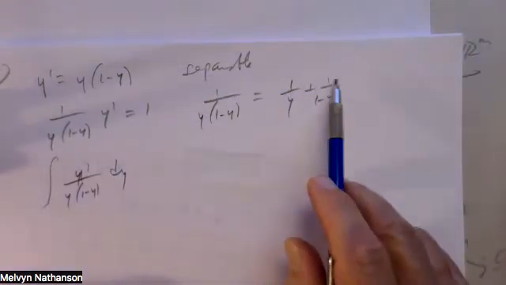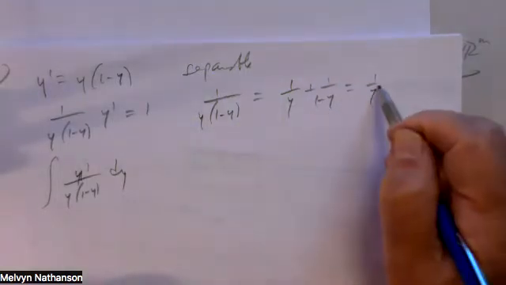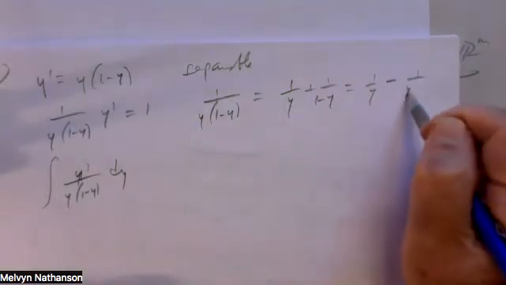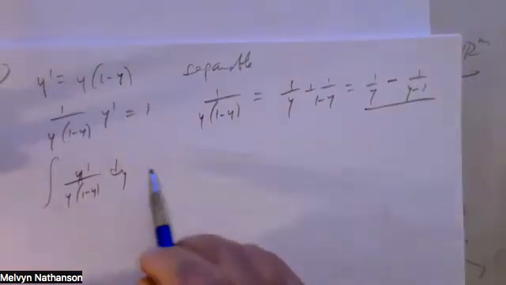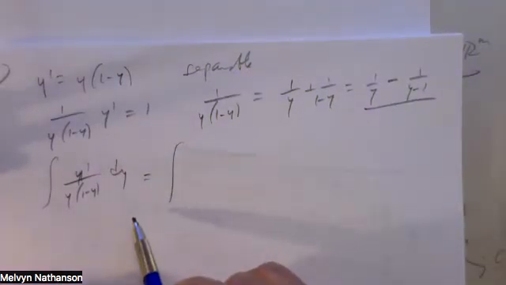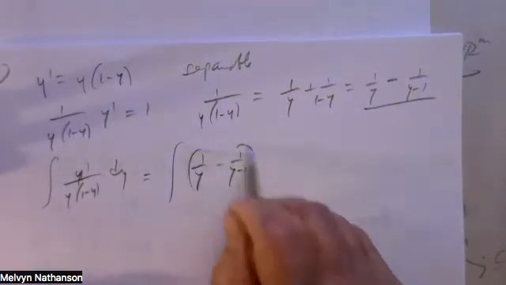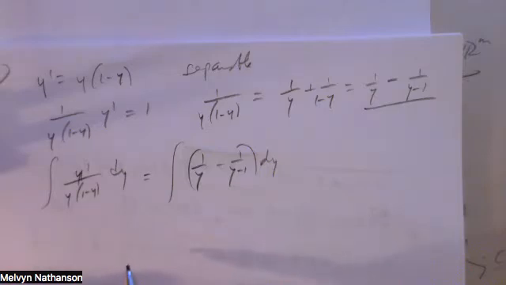In fact, 1 minus y plus y, yeah, exactly. Or if you prefer, I prefer to have y first. This is 1 over y minus 1 over y minus 1. So this is the integral of 1 over y minus 1 over y minus 1 dy.